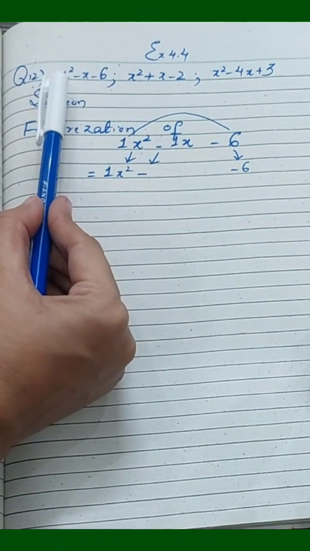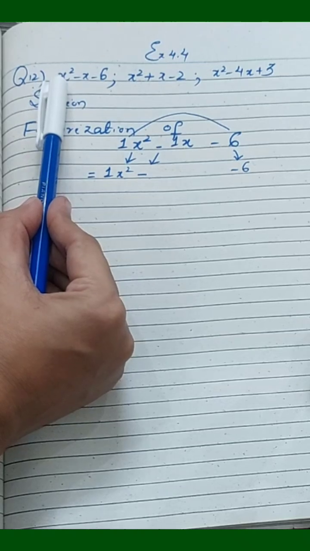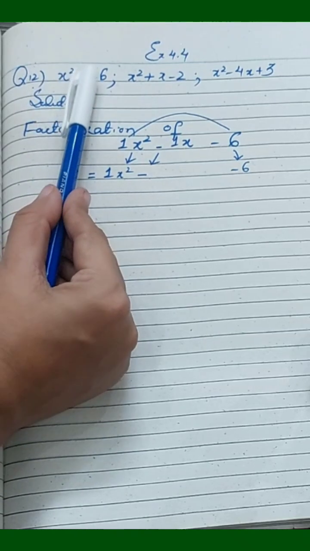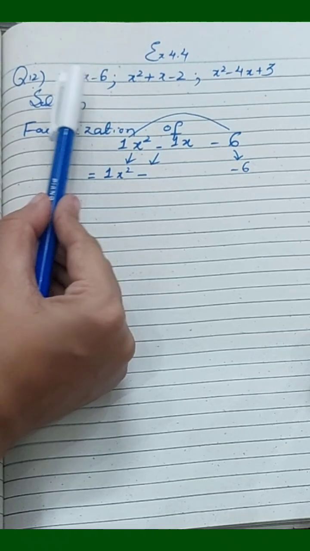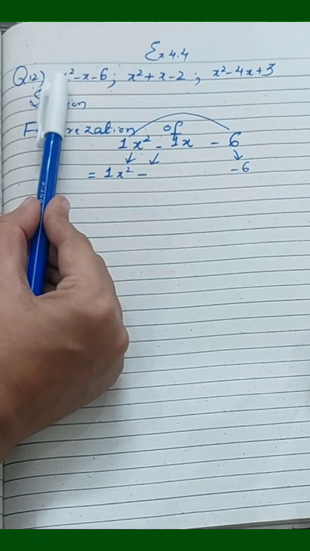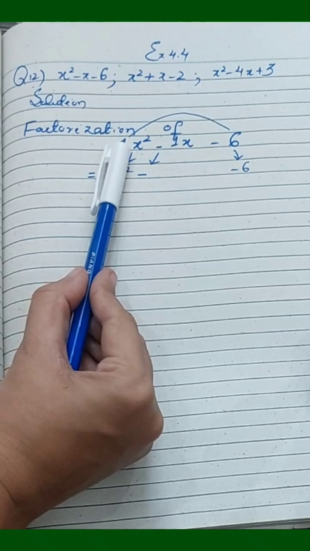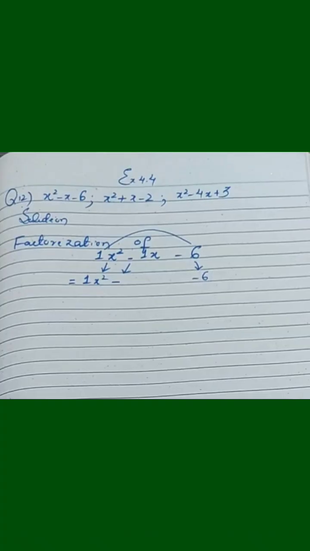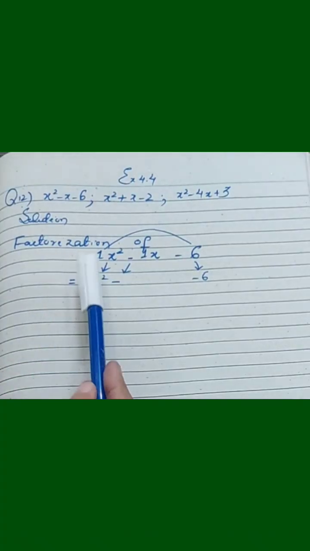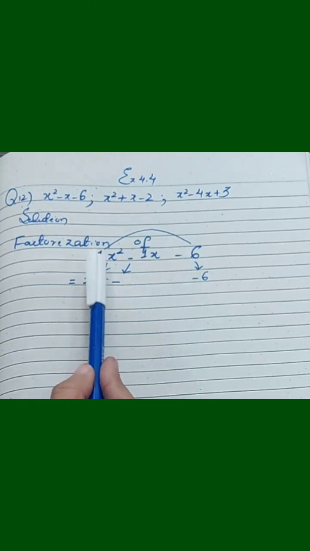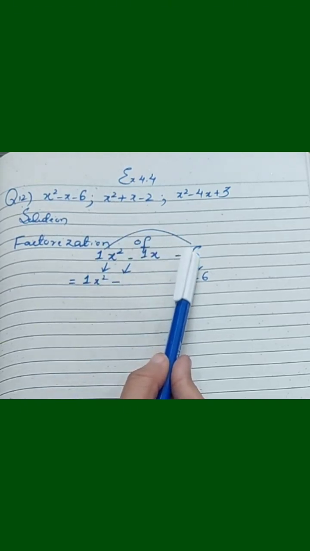You can see in first expression here are three terms. First term is x square, second term is x, and the third term is 6. You can see in first expression there is no coefficient with the first and second term. So when there is no coefficient, you always take coefficient as 1. Now we should multiply the first coefficient of first term and the last term.